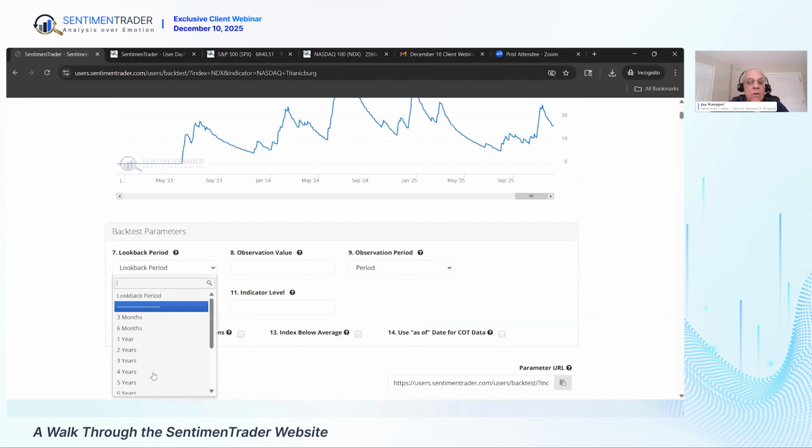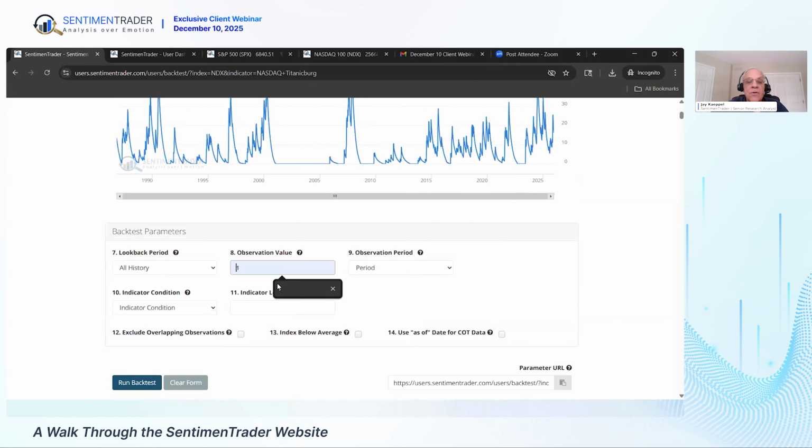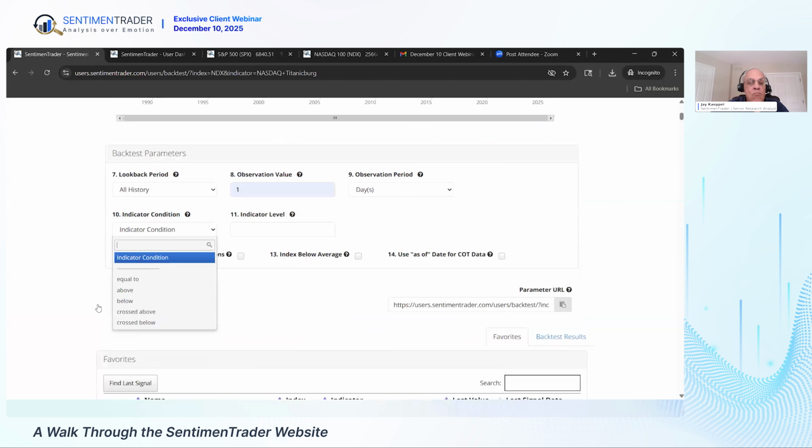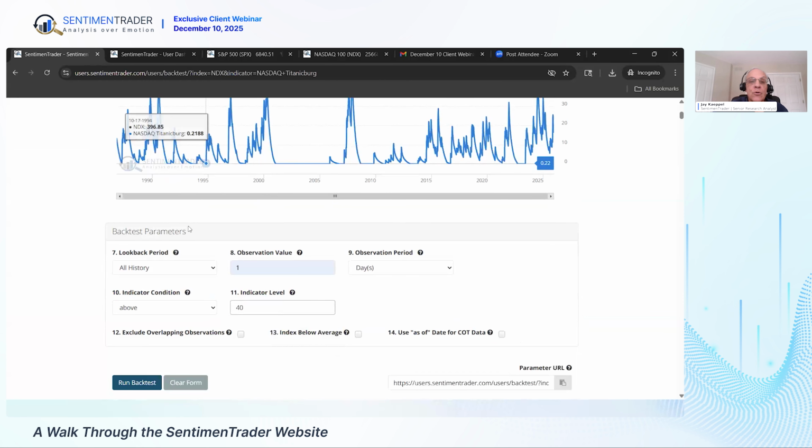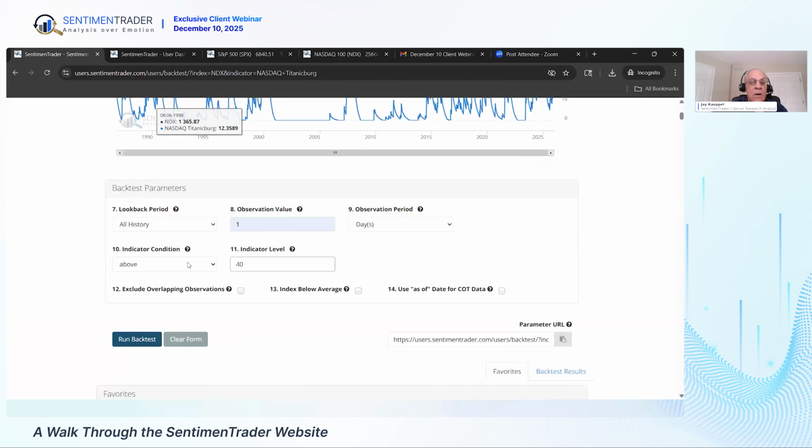So I'm going to use, once again, all history. I'm going to look for any day above 40. If I just wanted the first cross above 40, I could click crossed above 40 and I would only get those, but I'm going to take a look at all days.